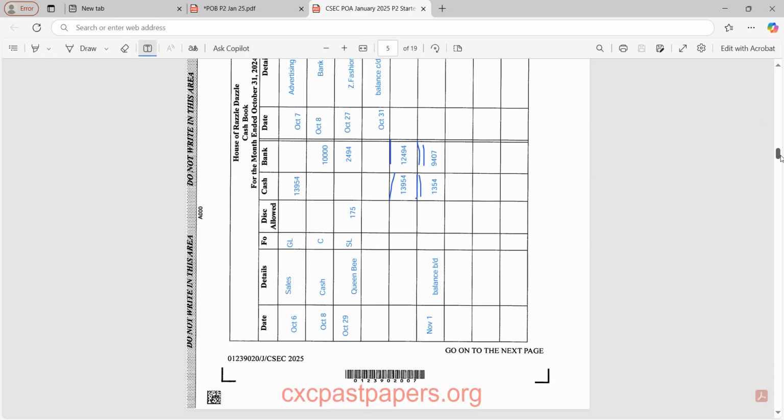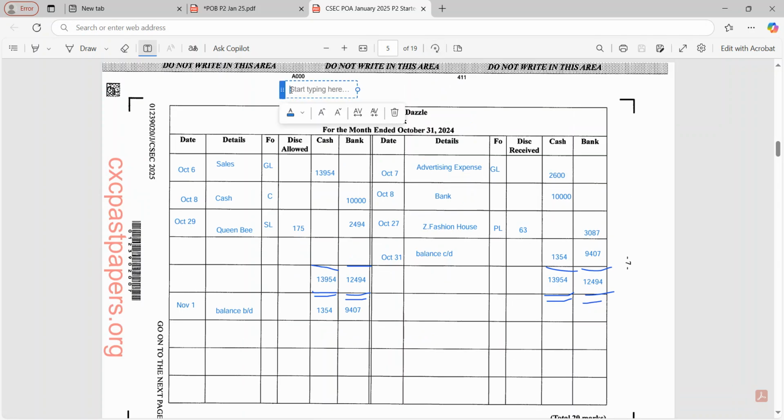So 4,500 minus 1,350 is equal to $3,150. And what is 2% of 3,150? Because they said that we're going to give a discount. That is 63, right?